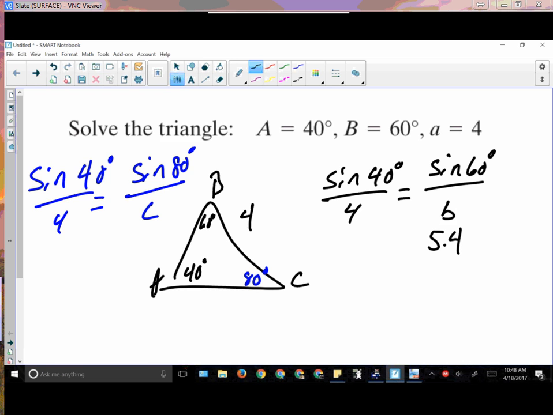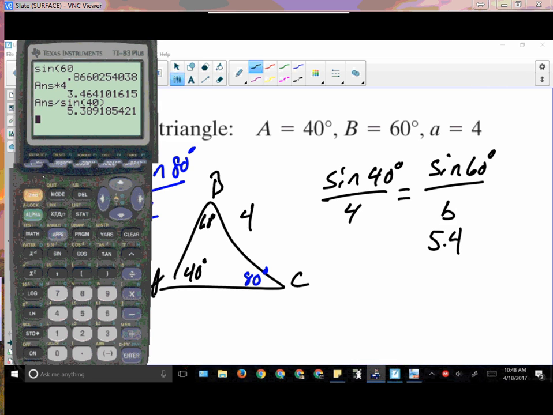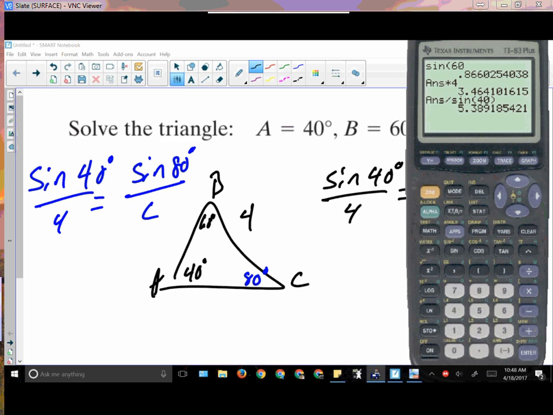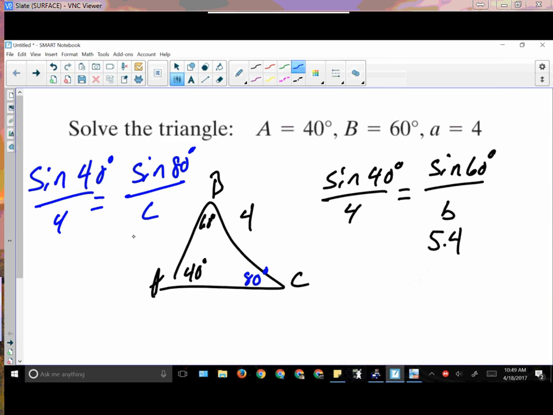What about C? Do the same thing all over again. Clear that out. So I would hit the sine of 80, enter, multiply it by 4, enter, divide that by the sine of 40, close it, enter, and I get 6.1. So C is equal to 6.1.